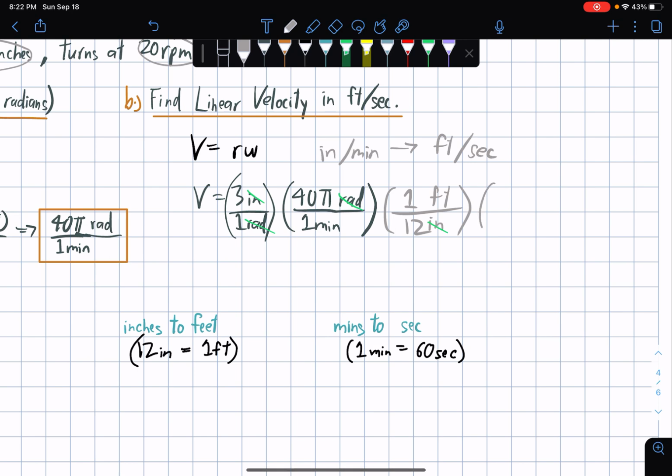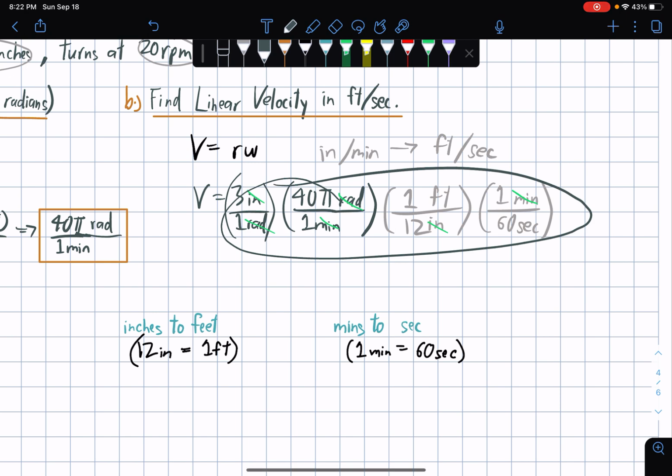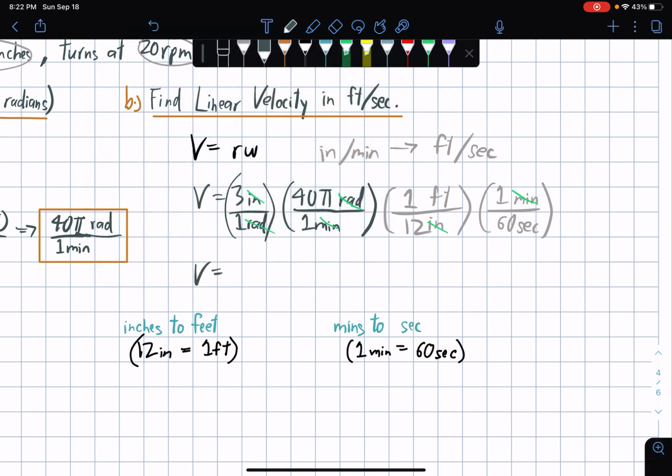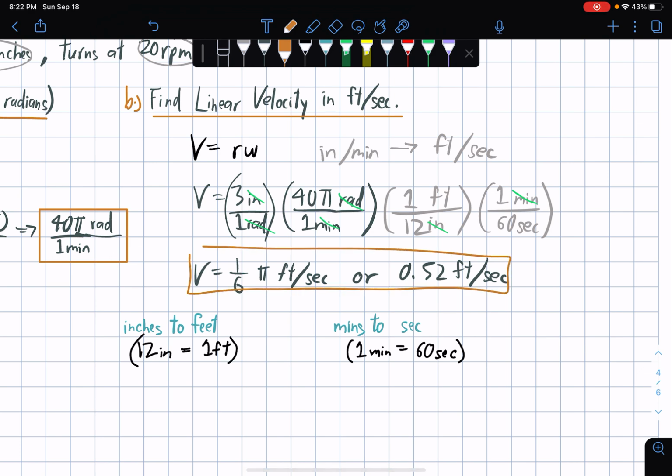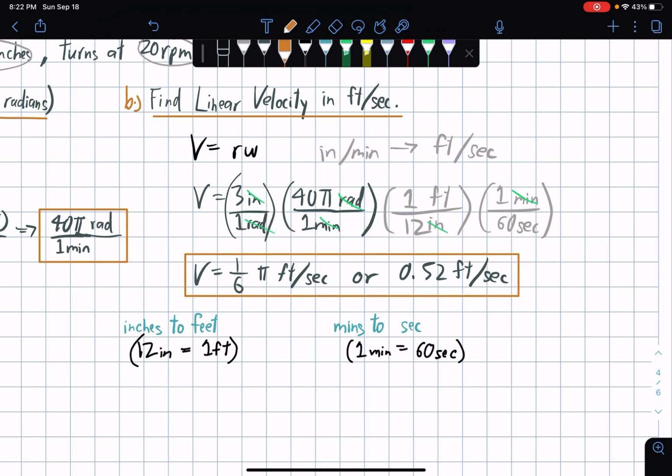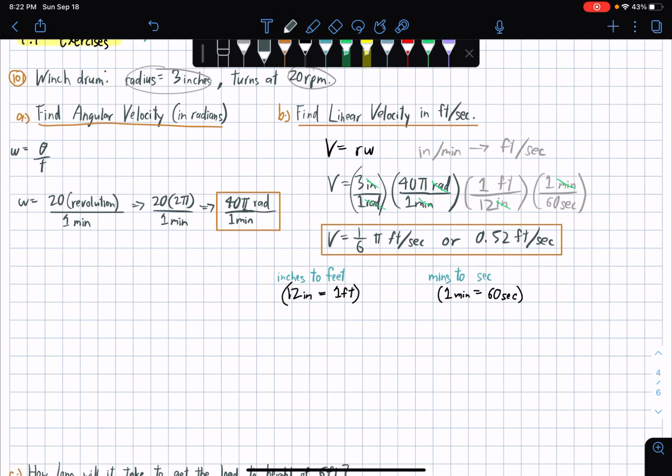For minutes to seconds, 1 minute is 60 seconds. So we cancel the minutes. Put all of these values in the scientific calculator now. We get 1/6 pi feet per second, or 0.52 feet per second. This is the final answer.